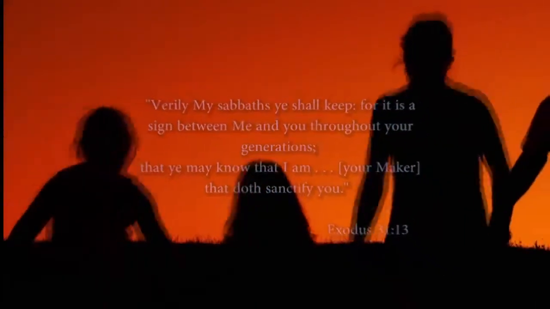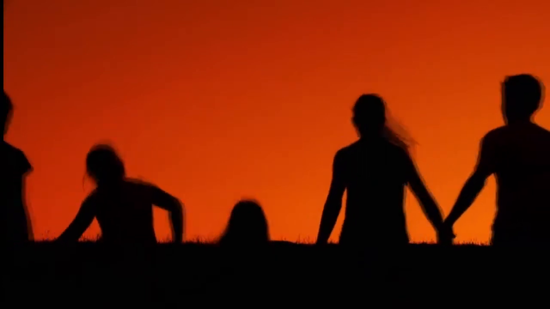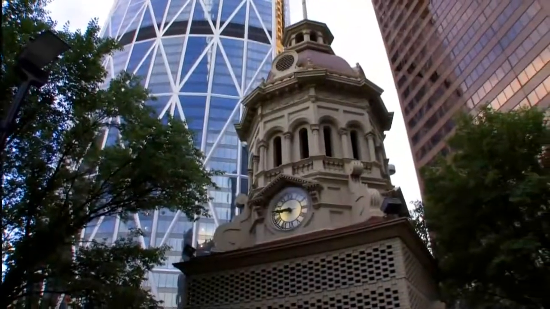The seventh-day Sabbath was designed by the Creator to be the sign of loyalty between Himself and His people. The enemy, Lucifer, has changed the civil calendar and stolen the worship due to the Creator.